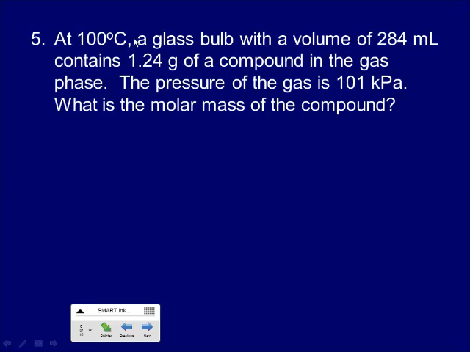At 100 degrees Celsius, a gas bulb with a volume of 284 milliliters contains 1.24 grams of a compound. We know the temperature, we know the volume, and we know the pressure because we get it to equalize to atmospheric pressure. And so from this information, T, V, and P, what can I get?